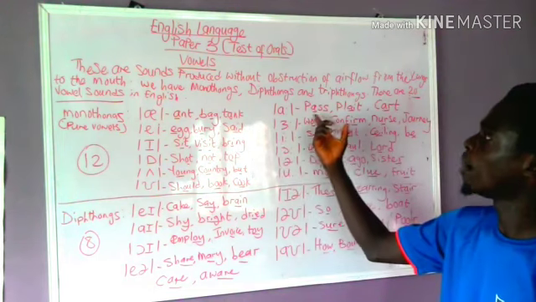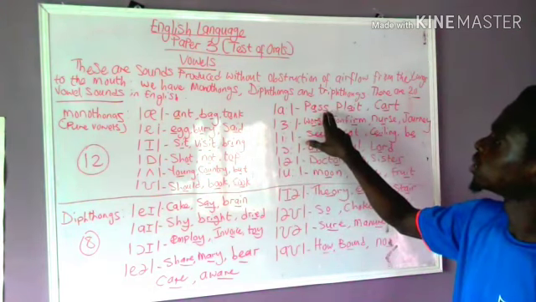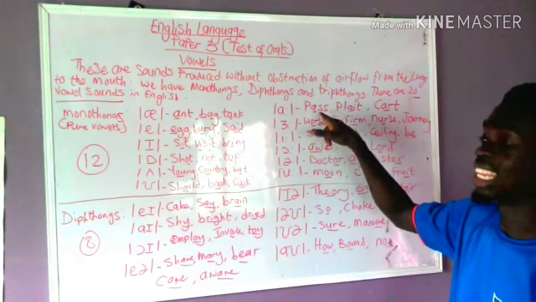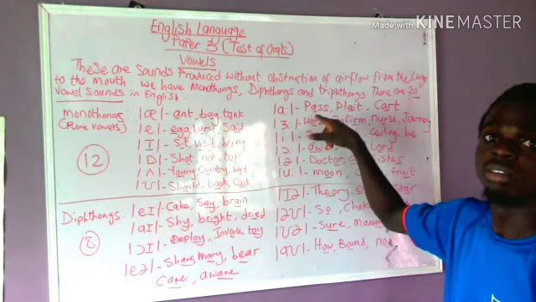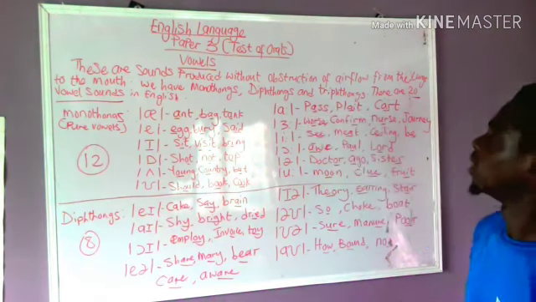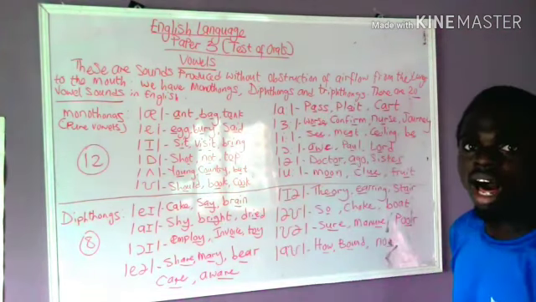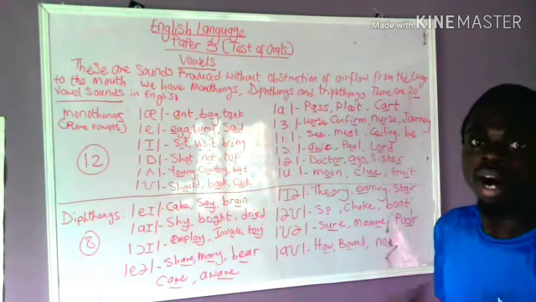Pass. Now listen, whenever you have a double consonant with the same letters ending the word, and there is an A before it, most times the A will be a long AH. So you have other words such as pass, class, grass, glass, bars.